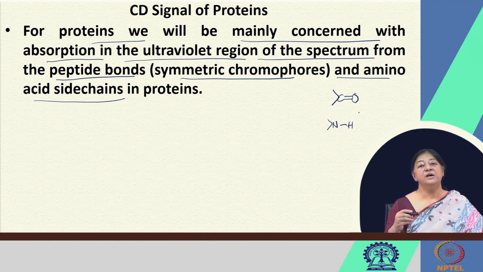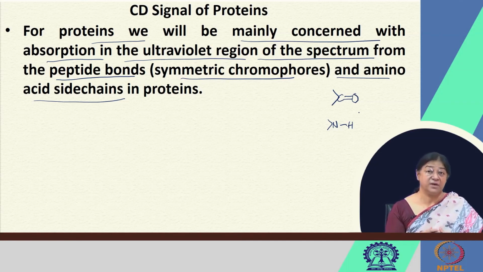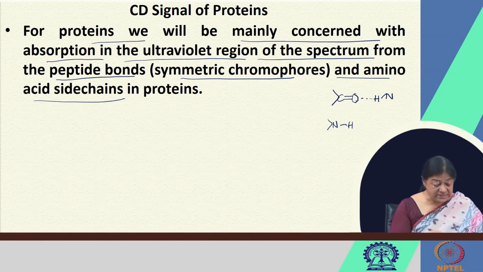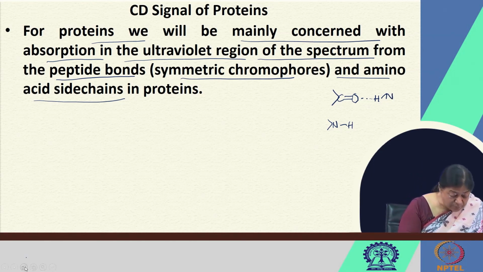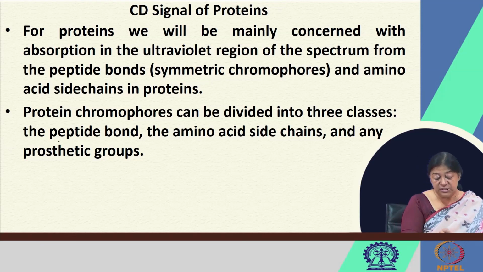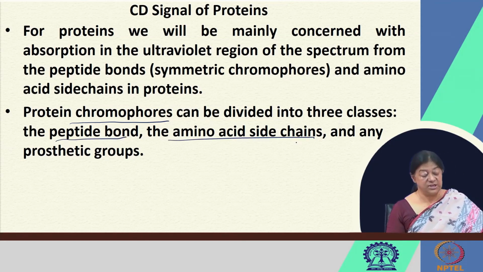When we look at specific rotational strength because of, say, helix formation or hydrogen bond formation, we have specific hydrogen bonding because of the specific geometry of these molecules. We know that the alpha helix and the beta sheet have specific geometry. So, the protein chromophores in this case are the peptide bond and the amino acid side chains.